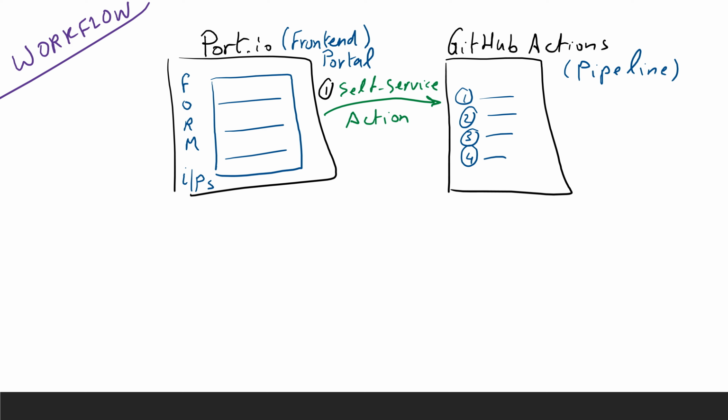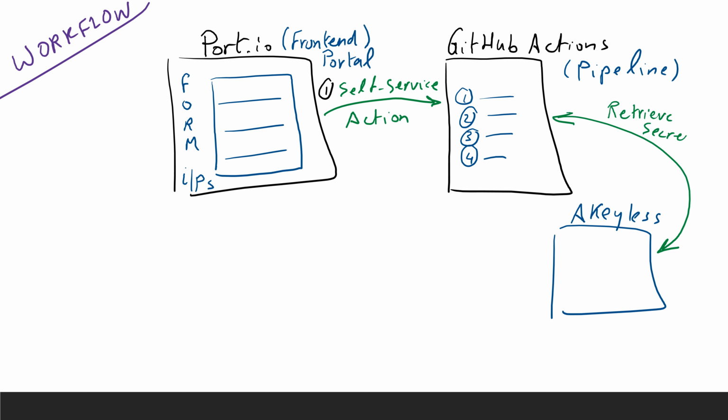Now, the GitHub Actions pipeline will go step by step to create what we assigned it to create. So some of those tasks will be to authenticate and retrieve secrets from Akeyless and also to configure Akeyless. Ultimately, we want to store some static secrets and dynamic secrets in Akeyless that we'll want to use with our application.